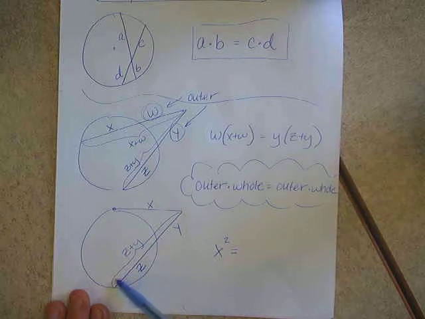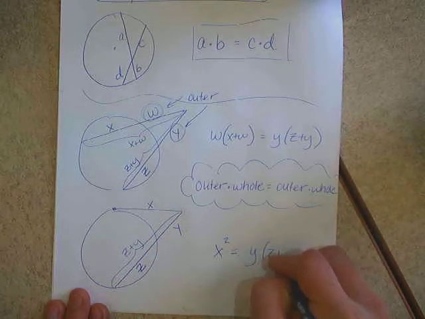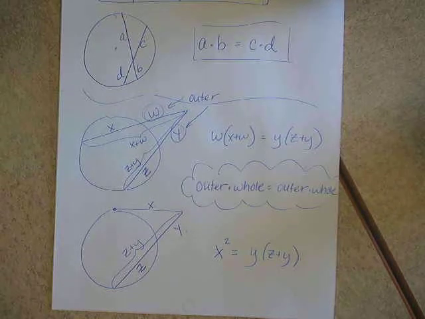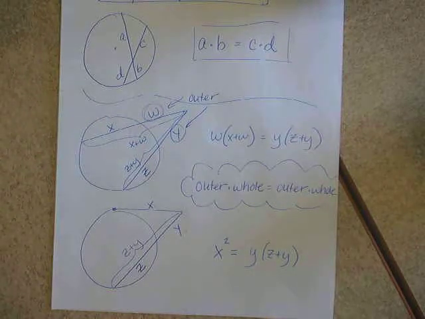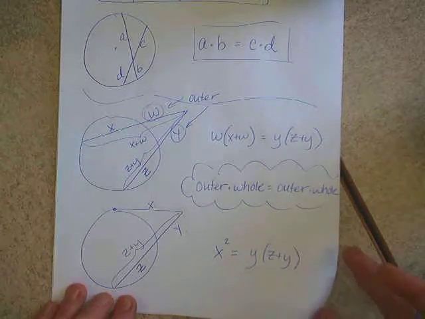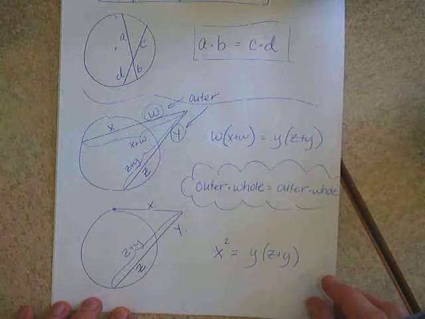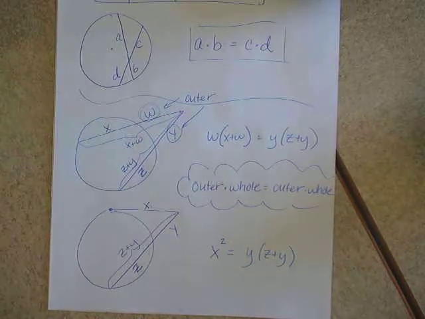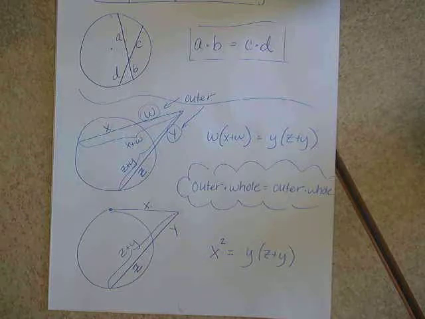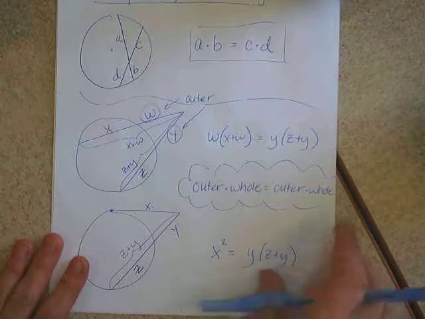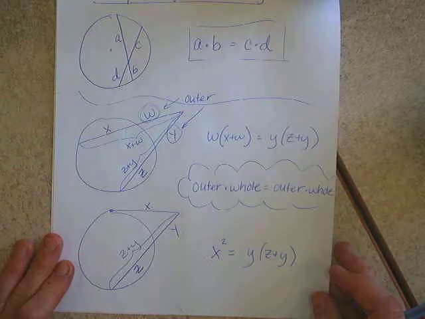And then the whole segment here is Z plus Y. So the outer would be Y times the whole segment Z plus Y. Are we good on the theorems? Everyone good?